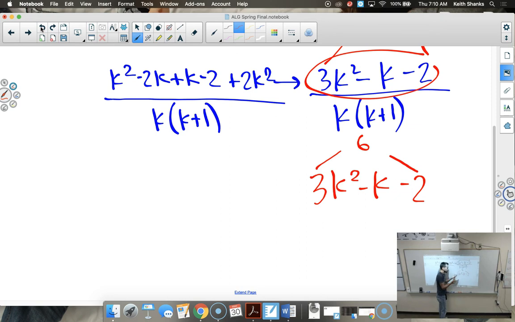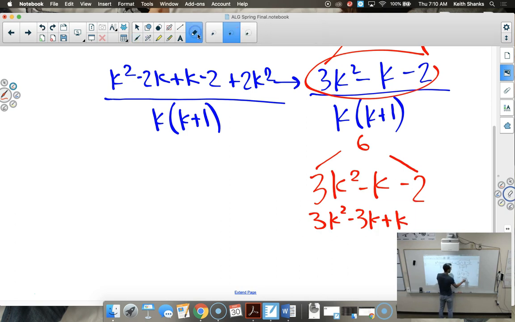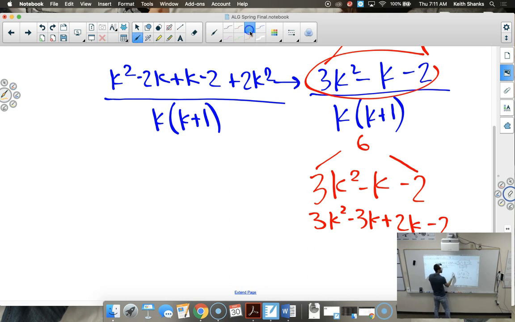And then you think of what two numbers multiply to 6, and is there any combination that's 1 apart? So yeah, I've got 3k squared minus 3k plus 2k minus 2. And again, notice that this is the same as this. It's just another way of writing it. All right.